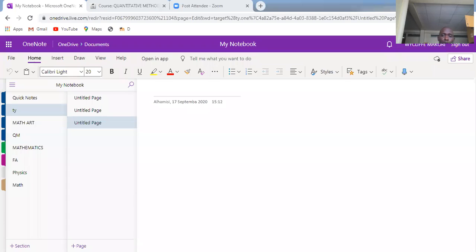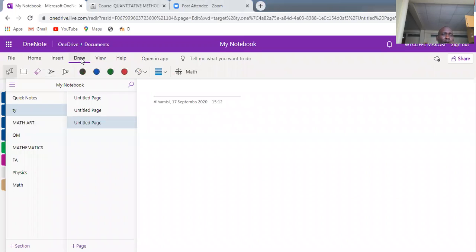Before we go to the demonstration, note that the regression equation is normally given by y is equal to a plus bx. That is how the regression equation appears.